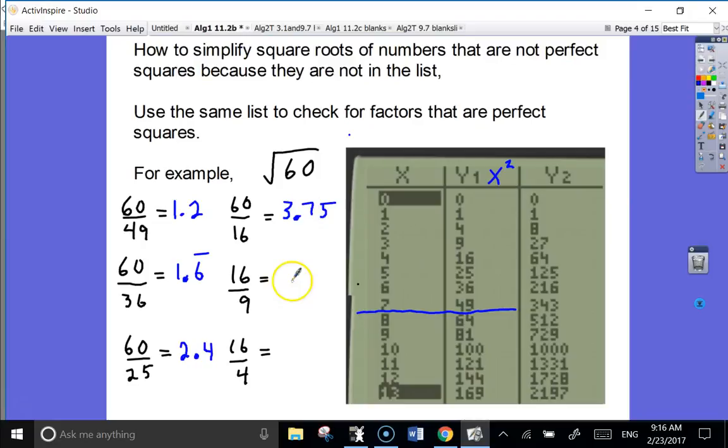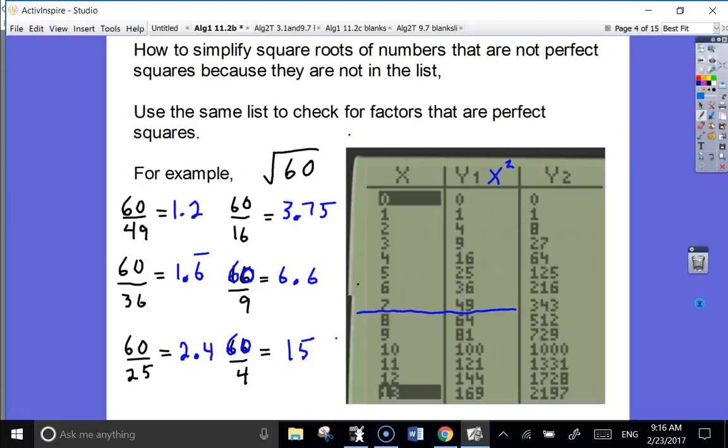Okay, the next one, 60 divided by 9. 6 point something, right? And what is 60 divided by 4? That's 15. So you keep dividing by perfect squares until you find the perfect square which happens to be a factor. So you find the first non-decimal.